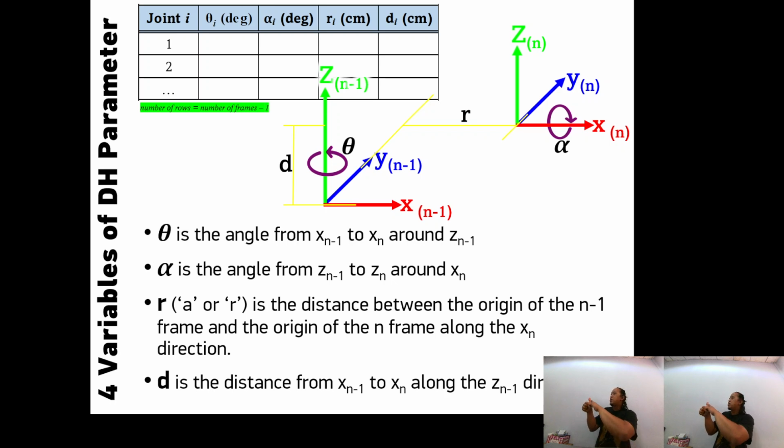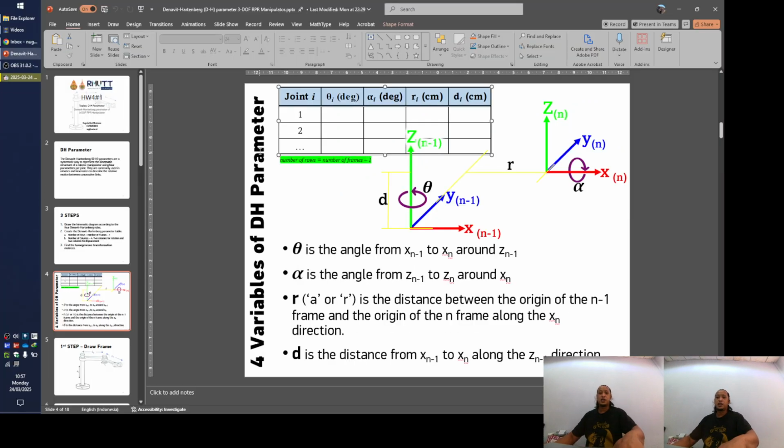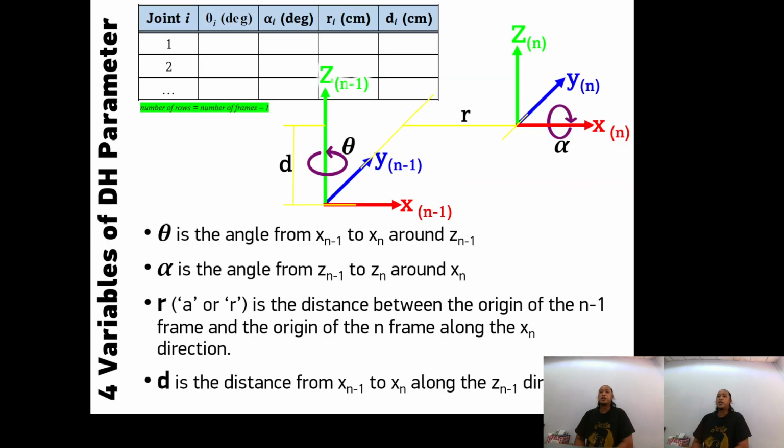If this is the z-axis, the direction of the motor is going to be like this, the same as my four other fingers point. That's an example of how to define the axes using the right-hand rule.